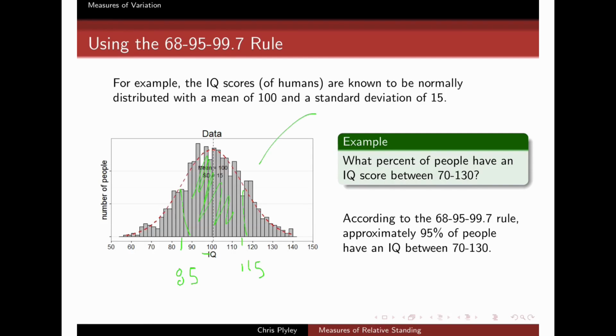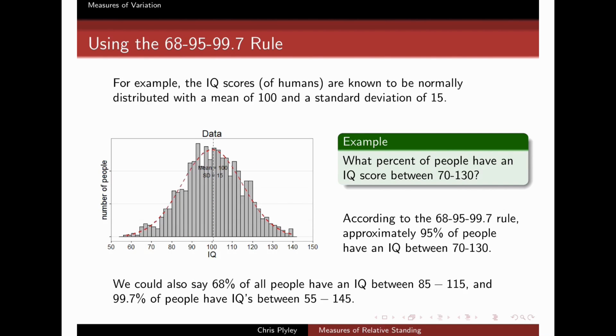So what percentage of people have IQs between 85 and 115? That would be 68%. And if I extend it to 3 standard deviations away from the mean, that would be IQs between 55 and 145. Then that would be 99.7% of people.